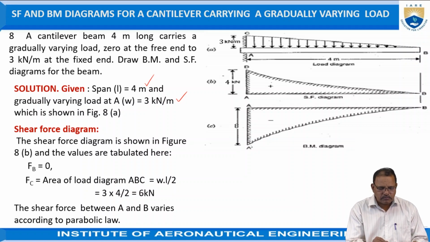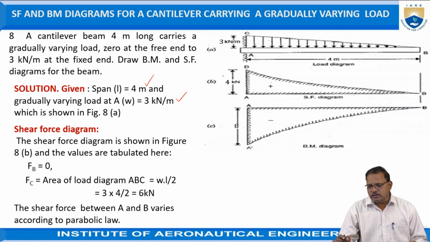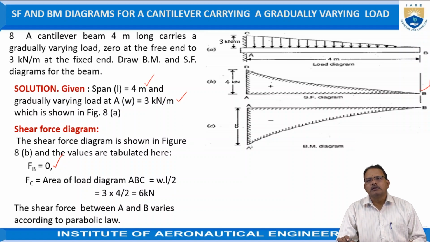Okay, shear force diagram now. The shear force at B, already we confirmed, is equal to 0 only. That is FB is equal to 0. Since there is no intermediate point where other forces are acting, it varies continuously up to C position. So we can take the shear force at C directly. That is FC, which is generally treated as the area under this curve.